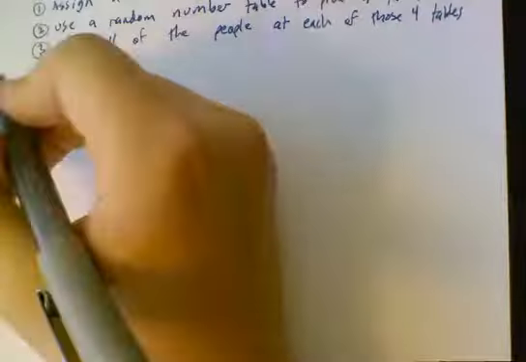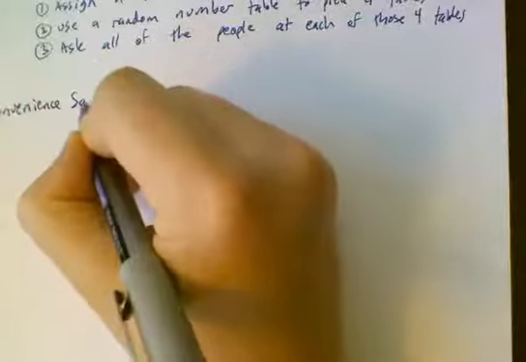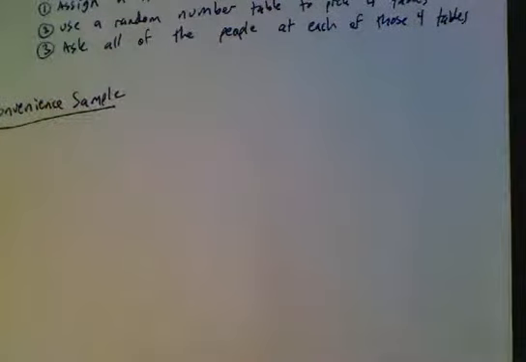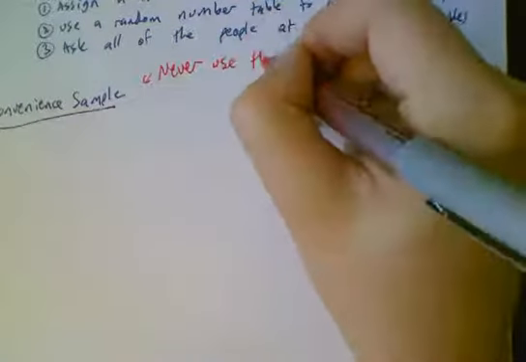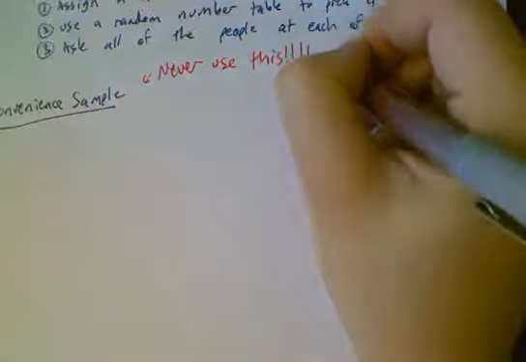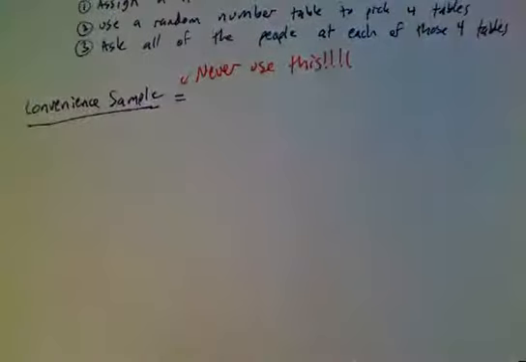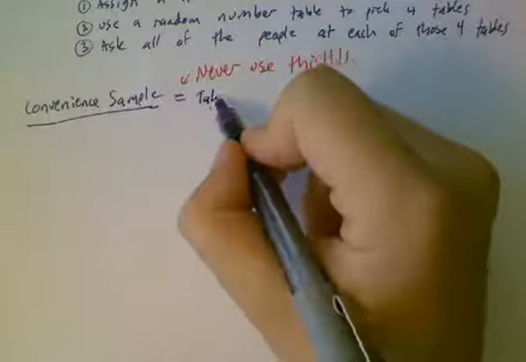Okay, the last type is a convenience sample. I'm going to tell you ahead of time, never use this. I list it because it is frequently used, even though it should never be by a professional statistician. So what this is, it's just taking the sample that's most easily available.